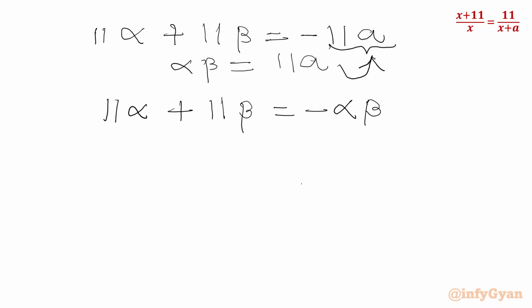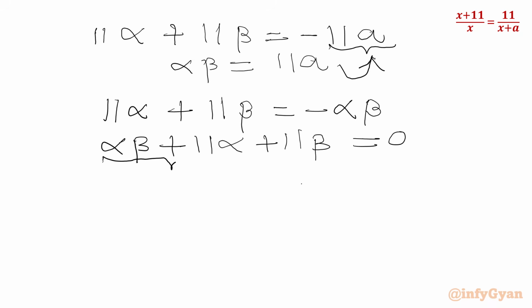Now we will write all the terms to one side. So alpha beta plus 11 alpha plus 11 beta equal to 0. Now we can take alpha common from these two terms. So alpha is common. In the bracket we will be writing beta plus 11.